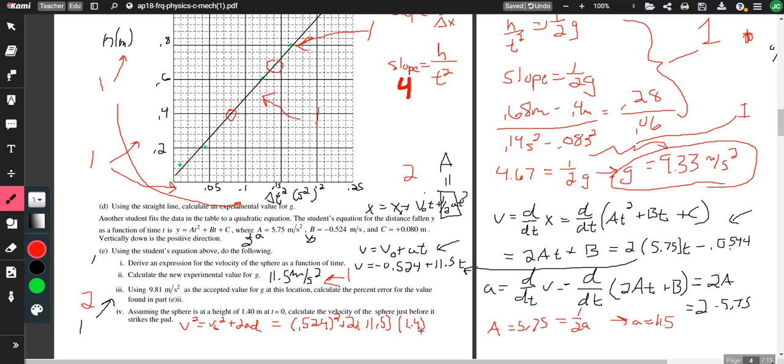So I'm going to end up having 0.524 squared plus 2 times 11.5 times 1.4. So that ends up being 32.5, which gets me a final velocity of 5.7 meters per second.